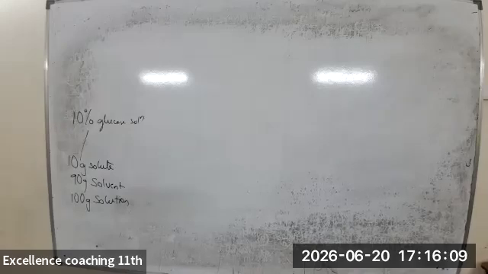Once you have calculated the number of moles, you can substitute it in the molality formula. The mass of solvent is 90 grams, but you require it in kg, so 0.09 kg. Accordingly, do it for molarity and mole fraction.